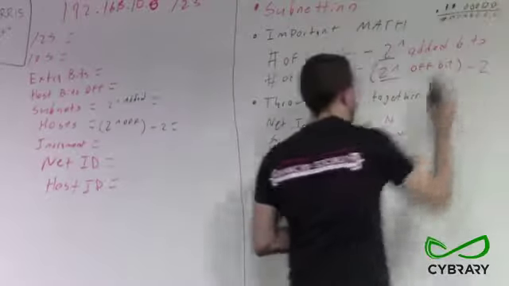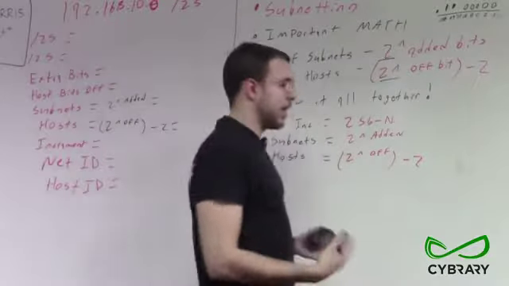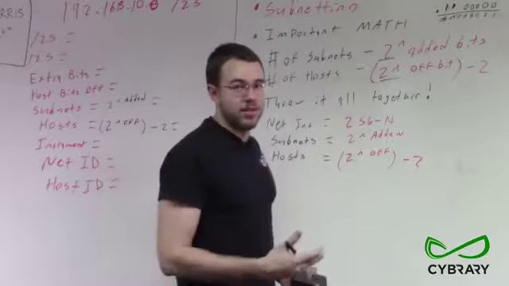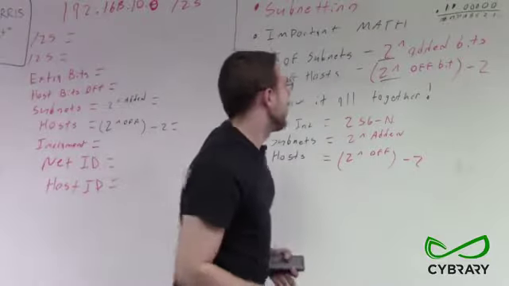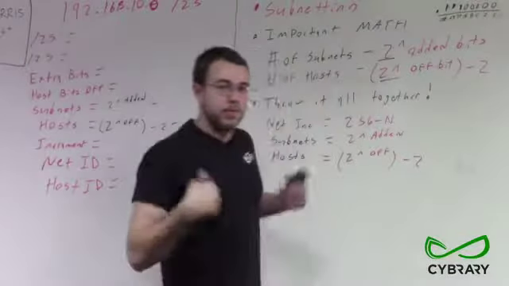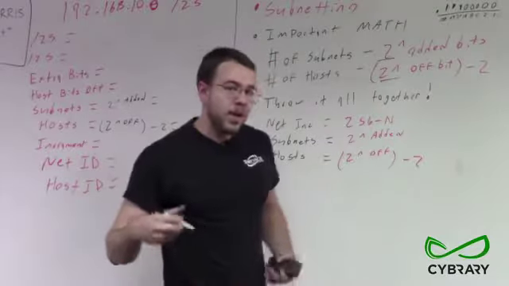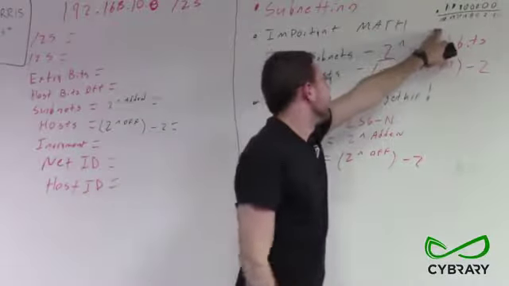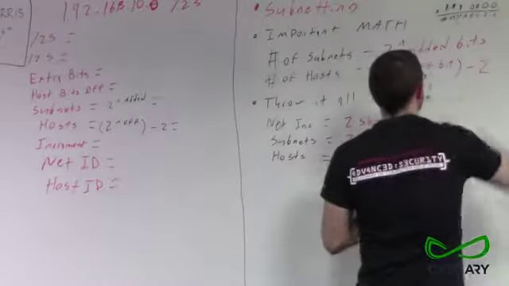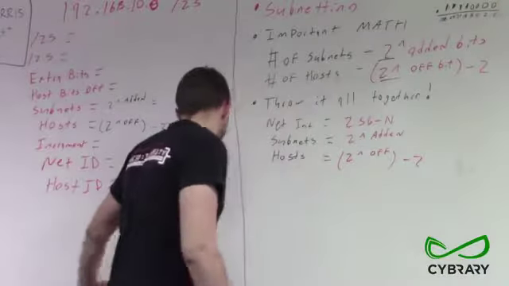We add a bit to the 32 place, and 192 plus my new 32 gives me 224. That's still not enough. We're not at 240 yet. But if we add 16, we'll be there. So 224 plus 16 will be my 240.